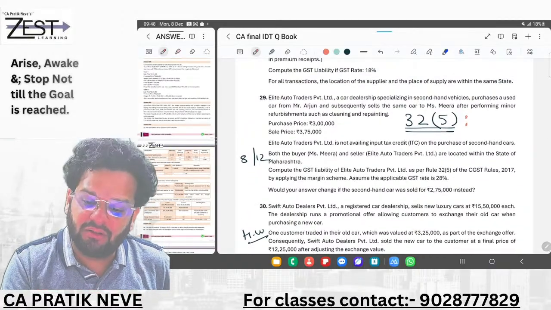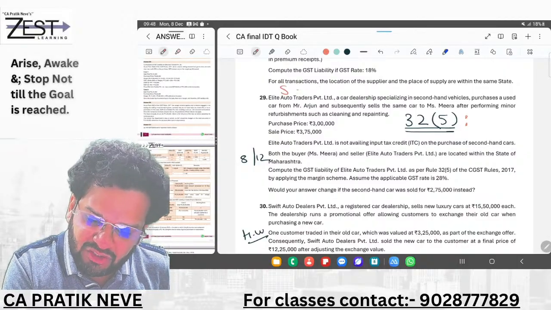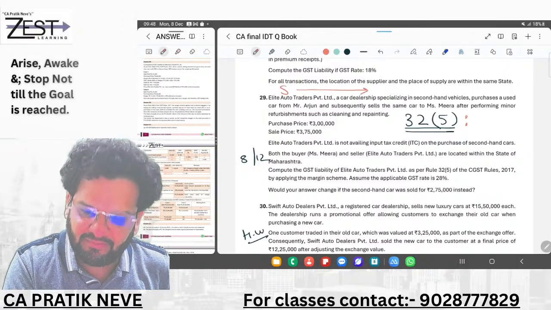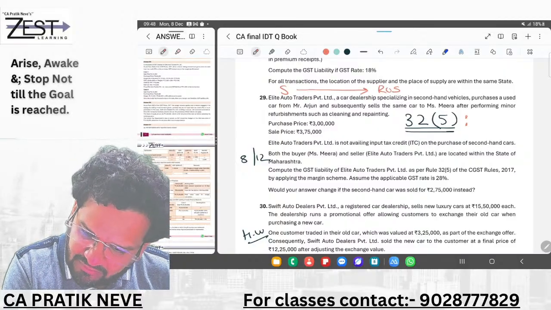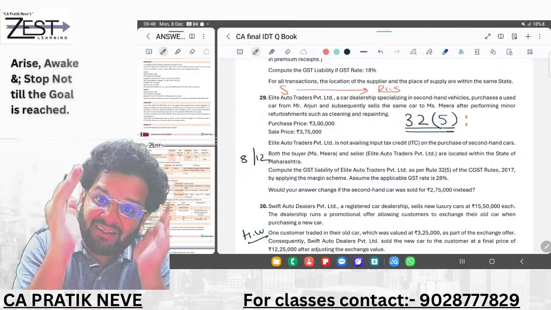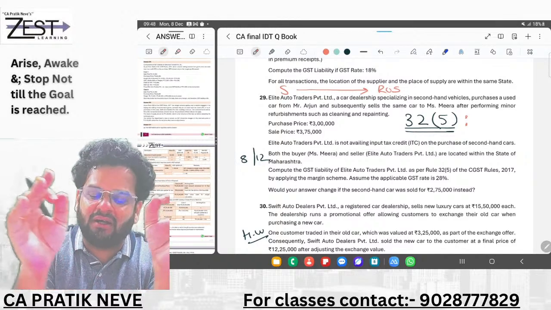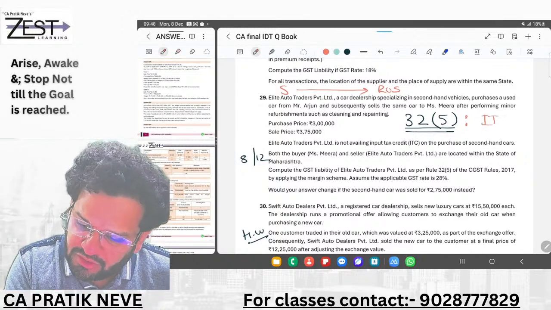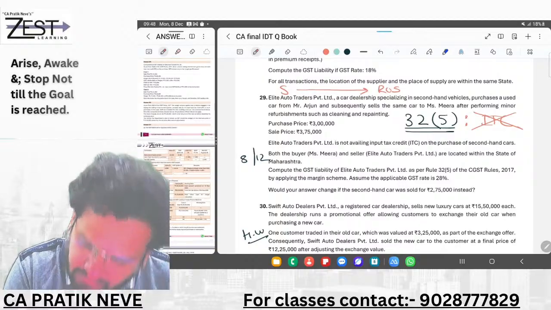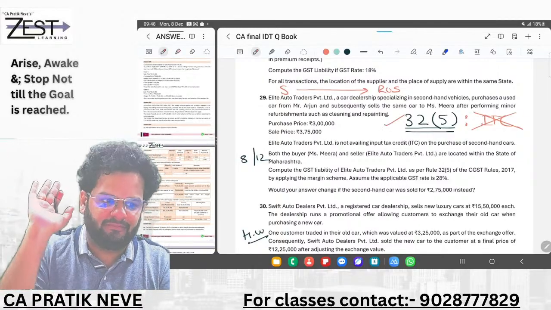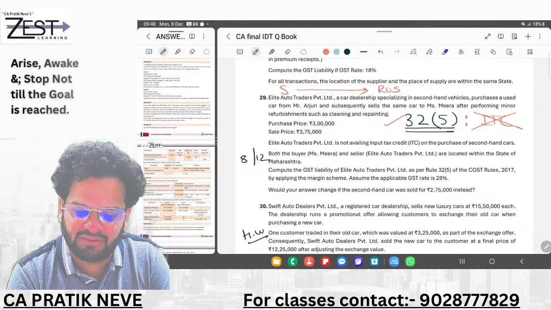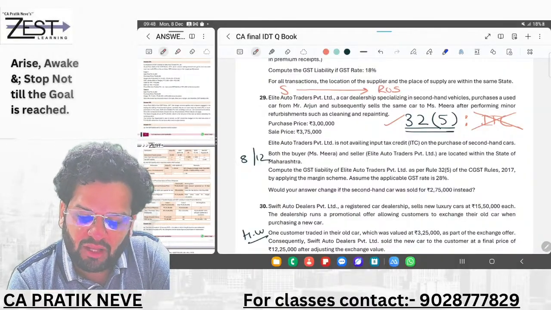Very important: when the supplier is doing supply to the recipient of supply and where ITC cannot be availed on the purchase. In that case only, you go to 32(5). Please remember this.